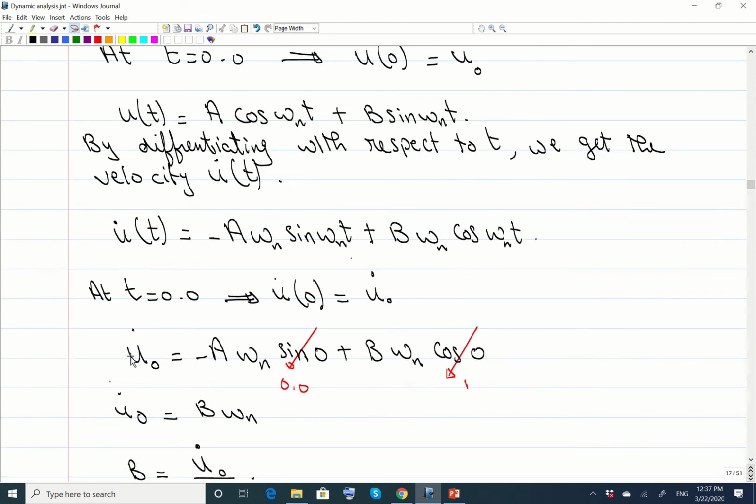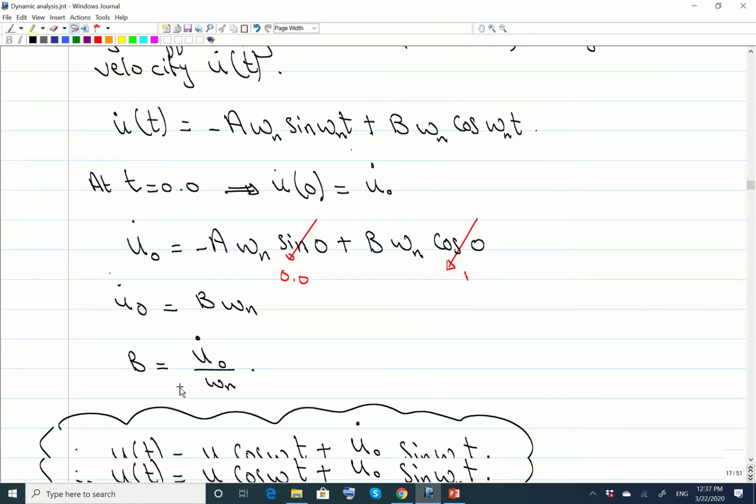So at t equals 0, u dot naught is equal to negative a omega n sine 0, which is 0, plus b omega n cosine 0, which is 1. That means u dot naught is equal to b omega n, so b is u dot naught divided by omega n.